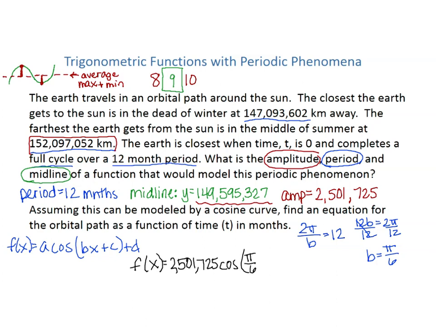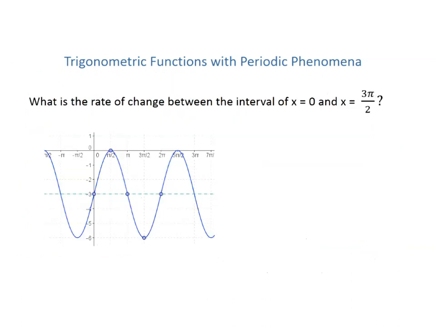Then I have to fill in b, pi over 6, x, and then plus my midline, 149,595,327. And that's my function. Those are big numbers because I wanted it to be a realistic problem. But once you have those values, you just plug them straight in.